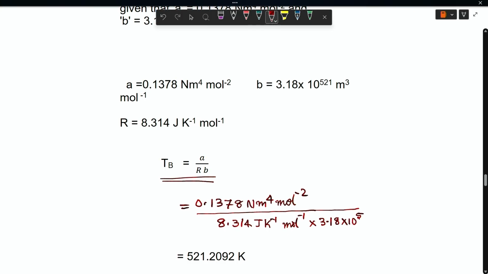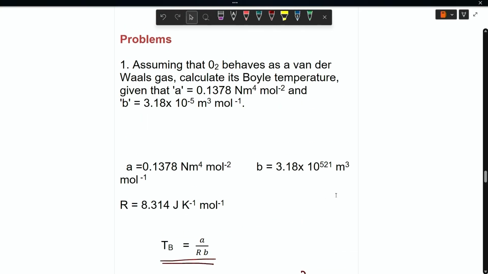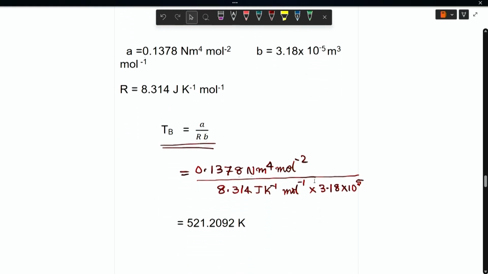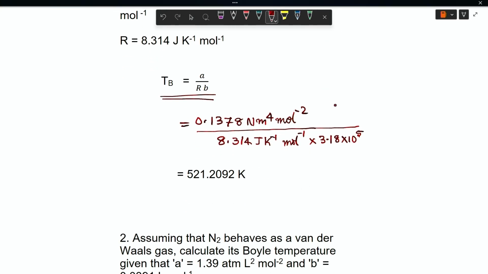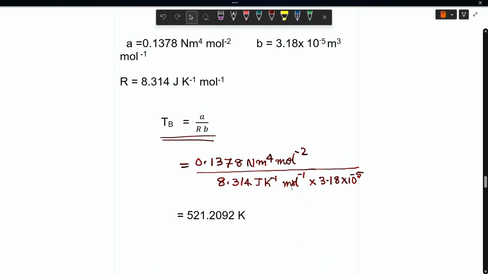There is a mistake on the slide, it has become 521, and somehow just correct it. And the unit is meter cube. Okay. So, we have got all these here.